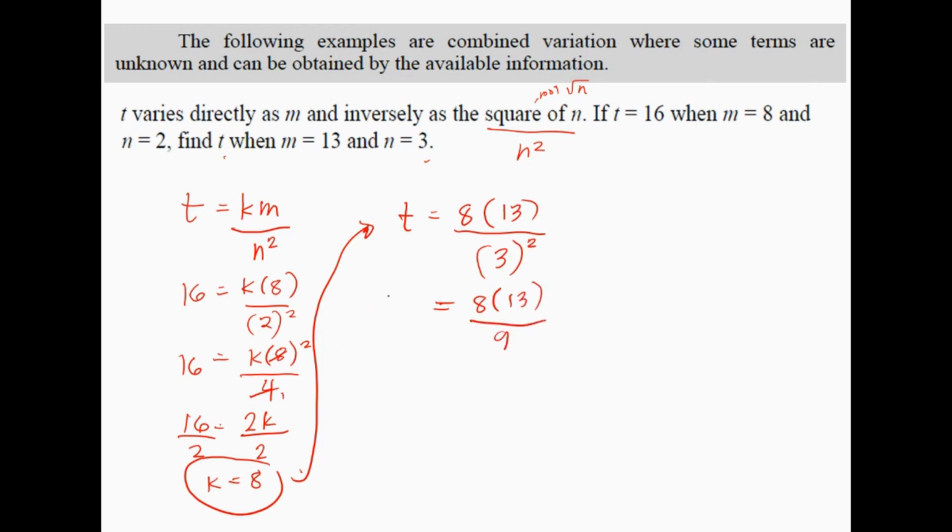Since we have no common factor, you can directly multiply 8 times 13. So, 8 times 13 is 104 divided by 9. So, t is equal to 104 over 9. So this is your final answer.